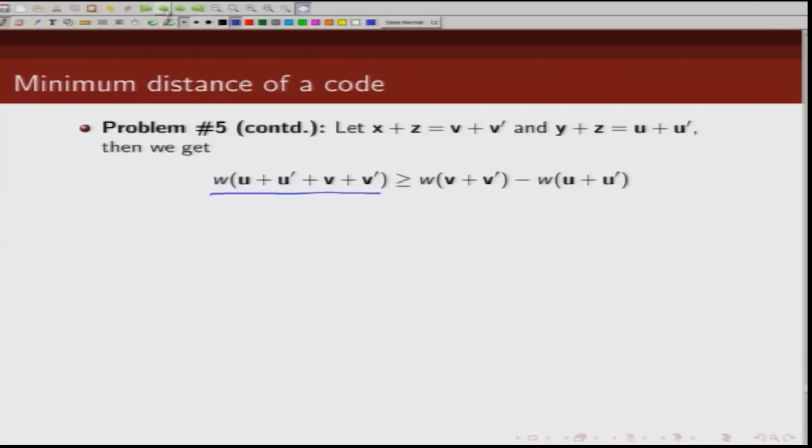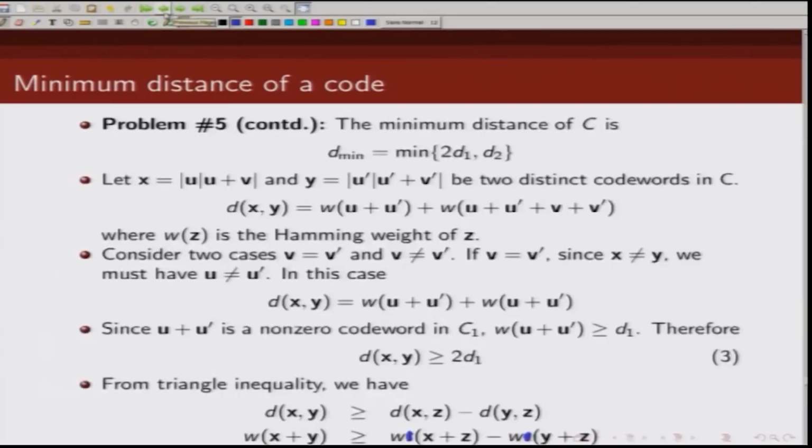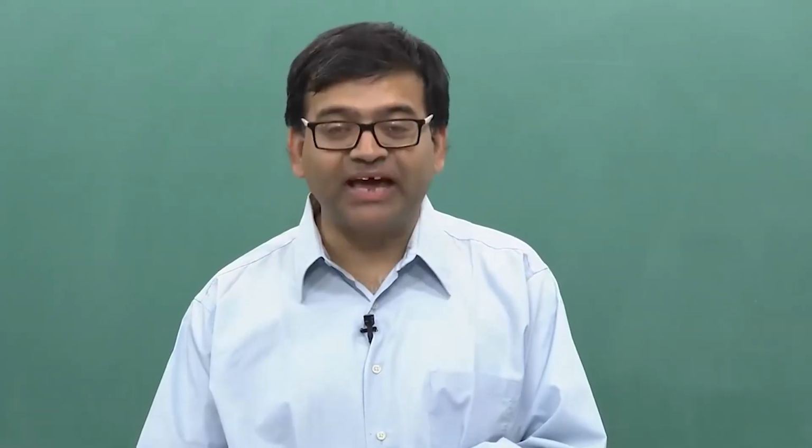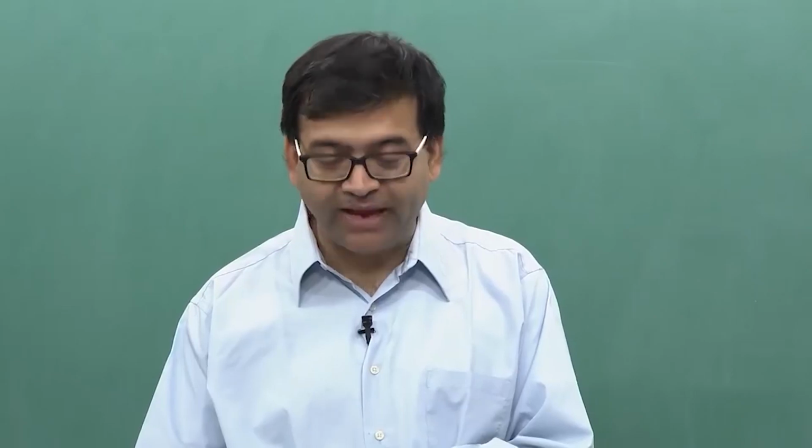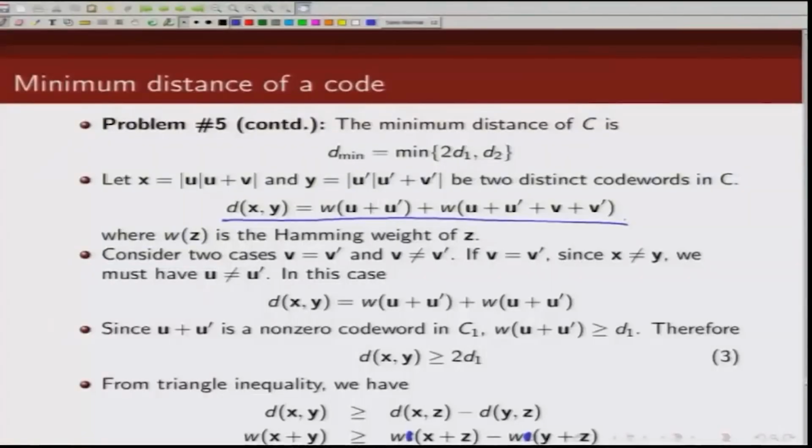Now, go back and see what our minimum distance between x and y is. The distance between x and y is given by this expression: the Hamming weight of u and u prime, plus the Hamming weight of u plus u prime plus v prime. And what we did just now is we lower bounded this.